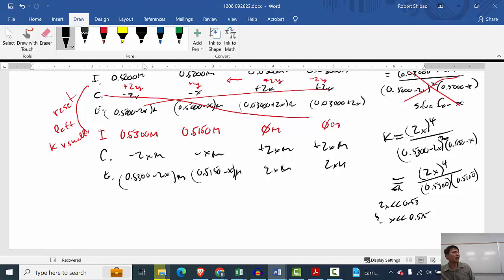Okay, now look at the math. The math is going to be easy to solve. So we know that K is 9.14 times 10 to the minus 6 times 0.53 squared. I forgot the squared there.